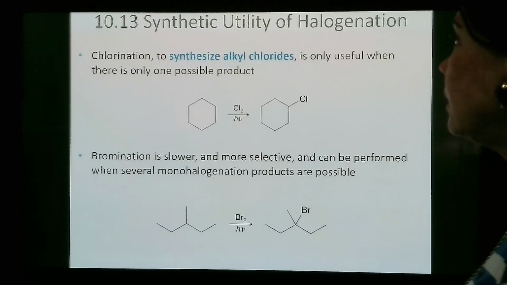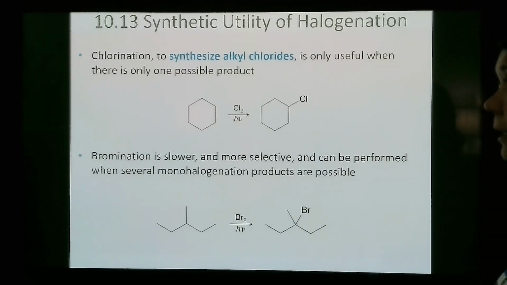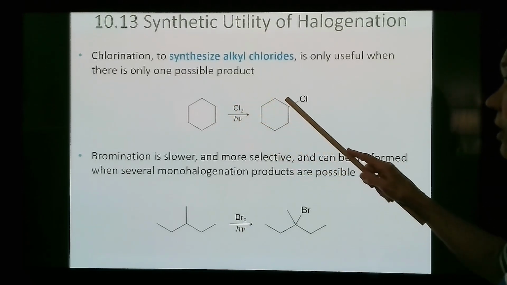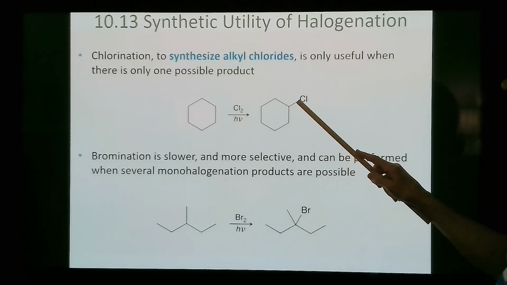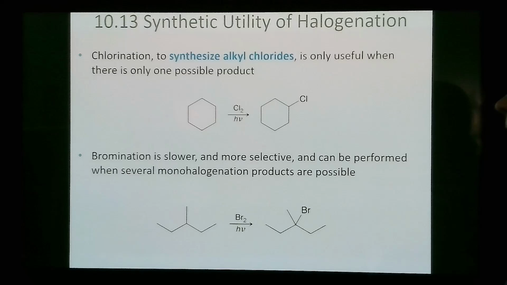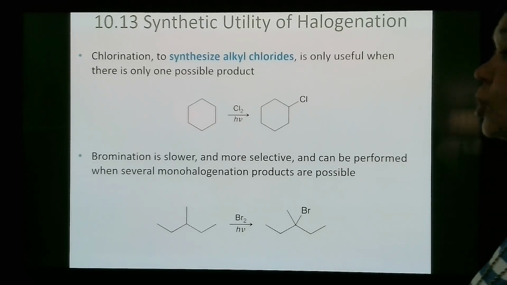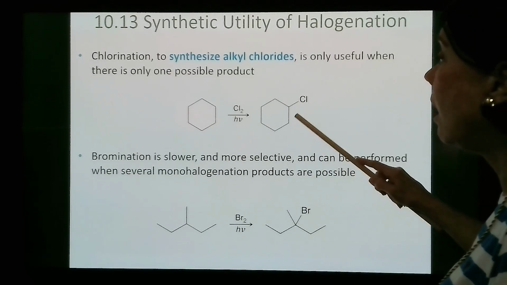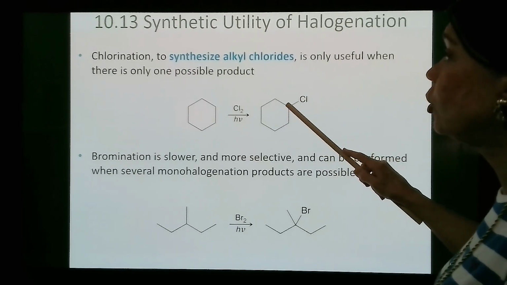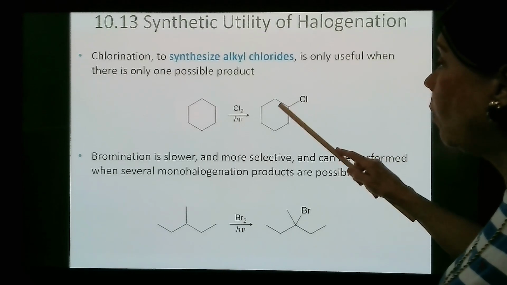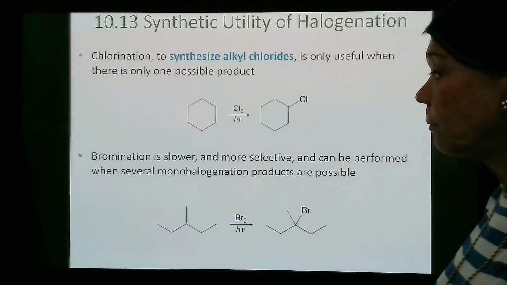The synthetic utility of halogenation is very great. The chlorination will synthesize alkyl chlorides, except here the chlorination is not specific enough. So it's only synthetically useful if there's just one chloroalkane product possible.